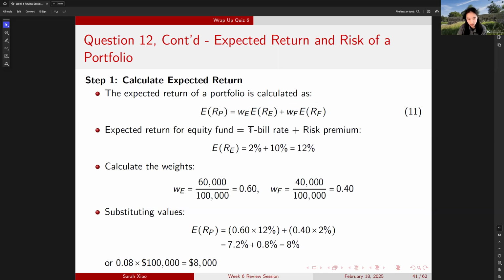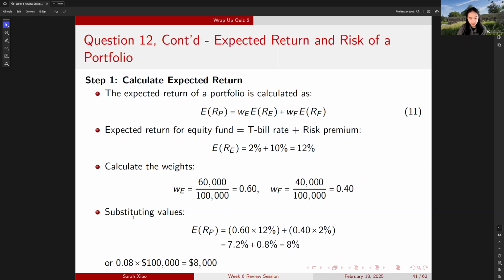It is the rate on treasury bill plus the risk premium, 2% plus 10%, which is 12%. And then we want to calculate the weights on each asset in the portfolio. So we use the money invested in each asset divided by total investment and get the weights of 0.6 and 0.4.